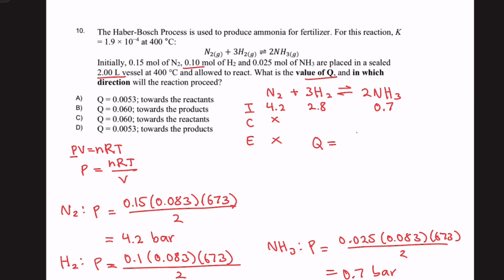So Q is just going to be 0.7, and we need to square this because we have a coefficient of 2, over 4.2 times 2.8 cubed because we have a coefficient of 3. So our Q value is going to be 0.0053. So it's either A or D.